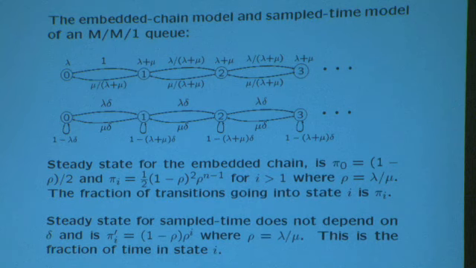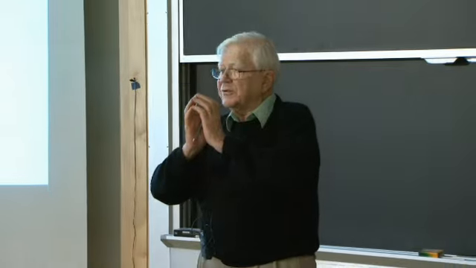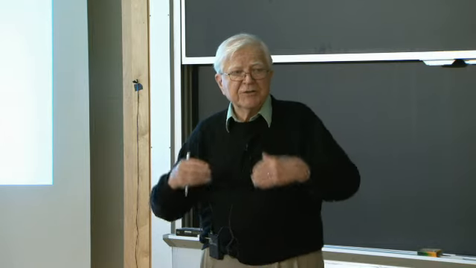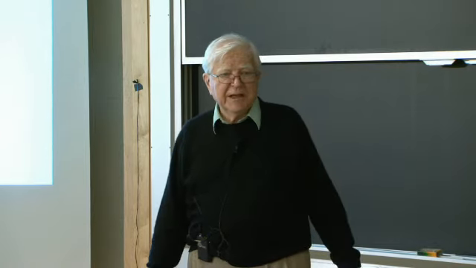When you're dealing with a process, what you're talking about is the probability that you will be in one state. If when you get in one state, you stay there for a long time because the rate of transitions out of that state is very small, that enhances the probability of being in that state.